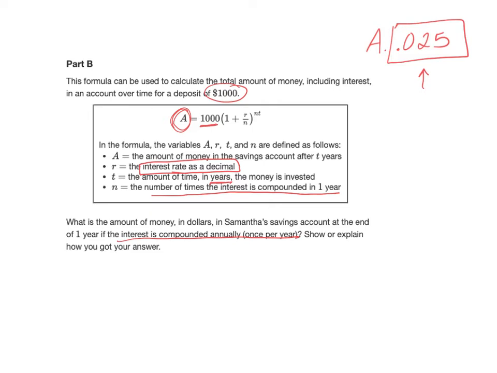So that means N will equal 1. Let me rephrase that again. N represents the number of times the interest is compounded in 1 year. And it tells us for this particular situation that Samantha's savings account at the end of 1 year is compounded annually. So it means it only happens once. So that means N is equal to 1.